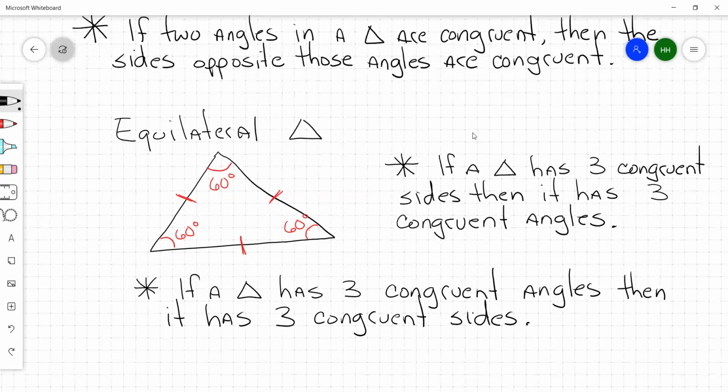We're going to say up here, an equilateral triangle is also equiangular. Remember, equilateral means equal sides.